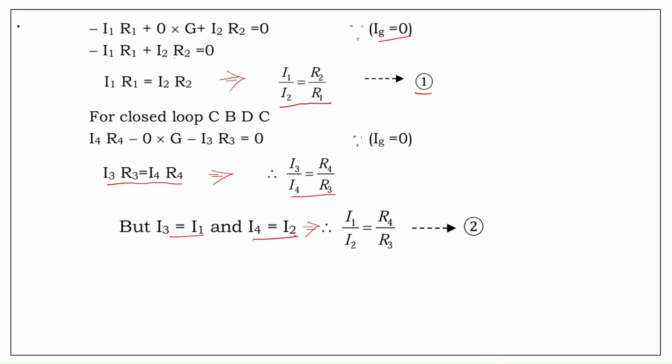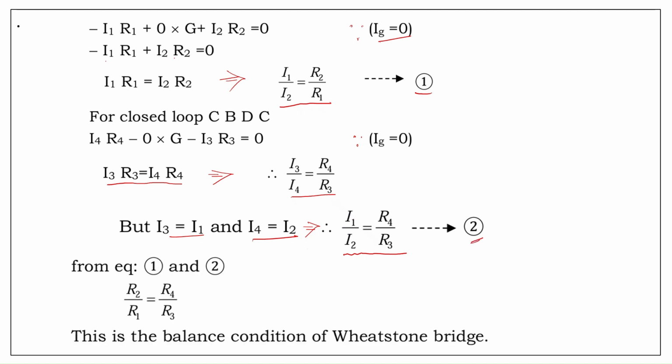Therefore, the above equation can be written as I1/I2 = R4/R3. Mark as equation 2. From equations 1 and 2, we get R2/R1 = R4/R3. This is the balance condition of the Wheatstone bridge.